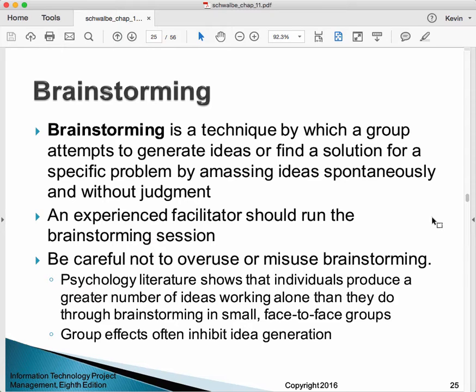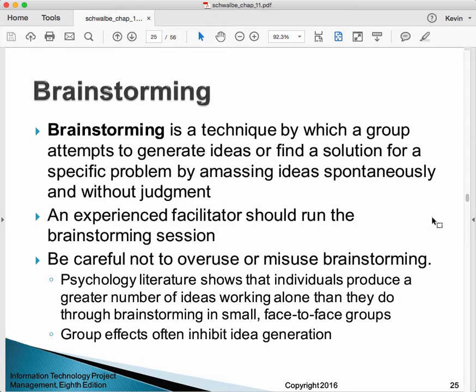One is that people try to come up with their ideas on the spot, and that's not how a lot of ideas happen. Sometimes ideas happen through people thinking about ideas for several days or several weeks at a time. Two, the group dynamics tend to have a chilling effect on some of the participants.